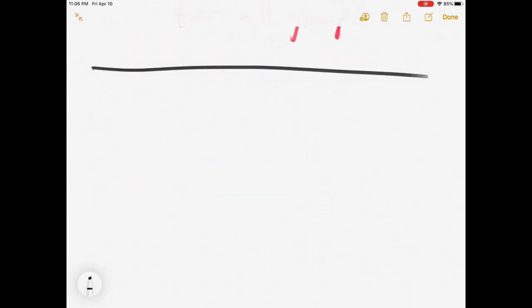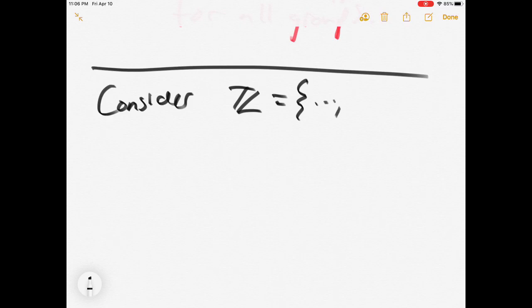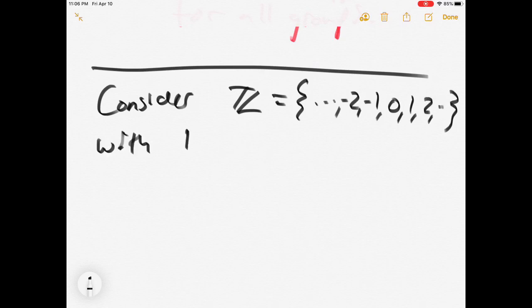But for now, let's look at a simple example. Consider the integers. This is just the positive and negative whole numbers, along with the operation addition.